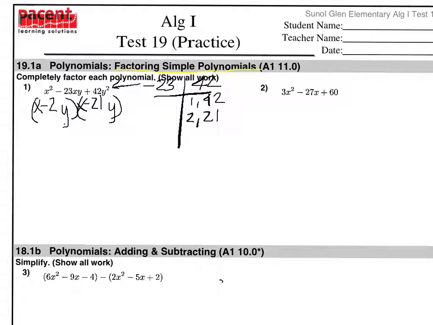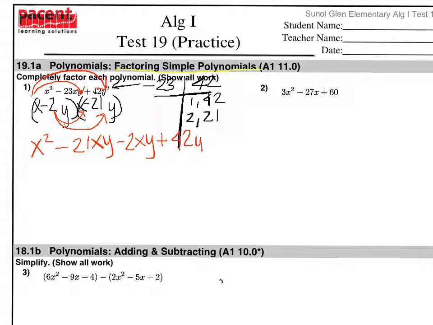So I'm going to say that x times x, which is my distribution piece, right? X times x is x squared, and then x times negative 21y is negative 21xy. Now I'm going to do my next distribution for this second term. Negative 2y times an x is negative 2xy, and a negative 2y times a negative 21y is going to give me a positive 42y squared.